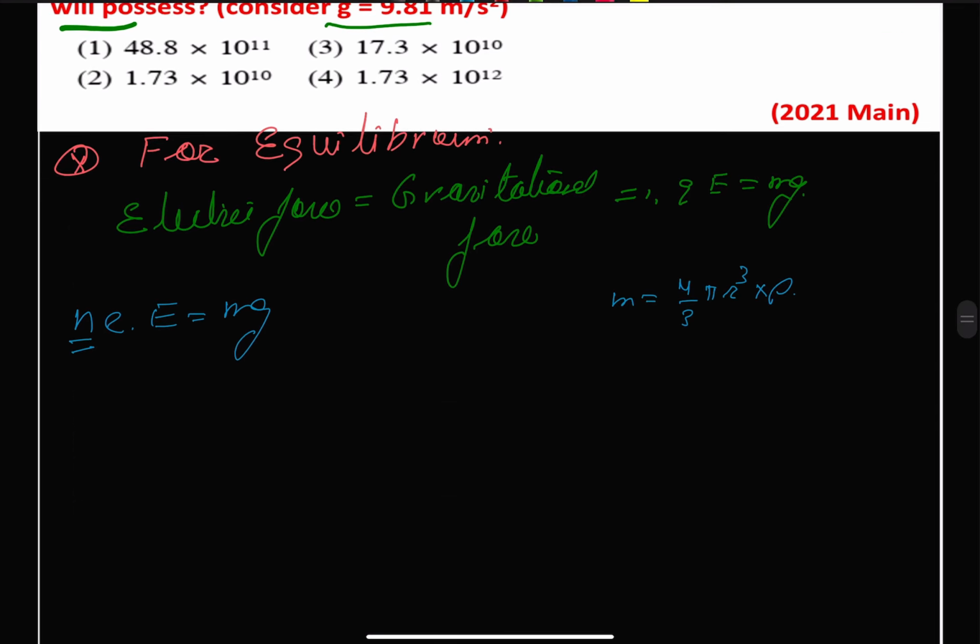Therefore, mass is equal to 4 by 3 pi times 2 into 10 to the power minus 3 whole cube, multiplied by 3 into 10 to the power 3, which gives us a mass approximately equal to 1.005 into 10 to the power minus 4 kg.